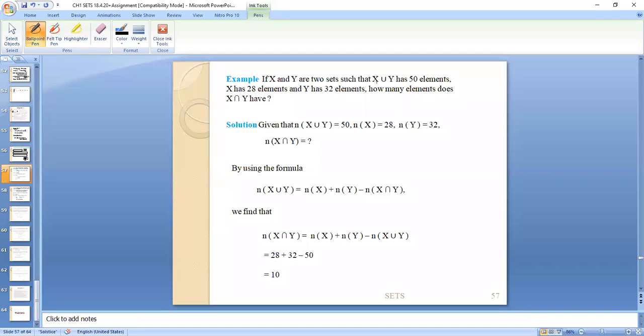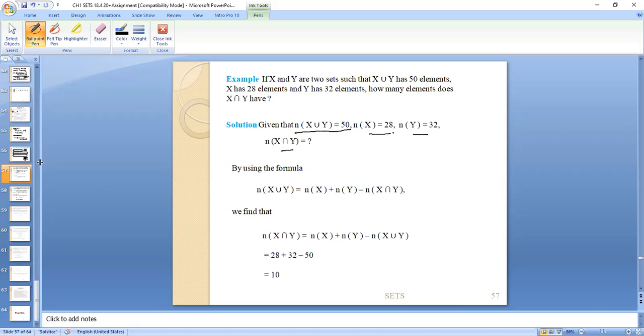So we are given X union Y is equal to 50, so we write n(X union Y) = 50. X has 28 elements, that means the number of elements in X is 28. Y has 32 elements, that is, the number of elements in Y is 32. How many elements does X intersection Y have? That means we have to calculate the number of elements in X intersection Y.